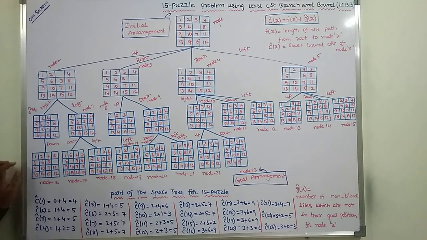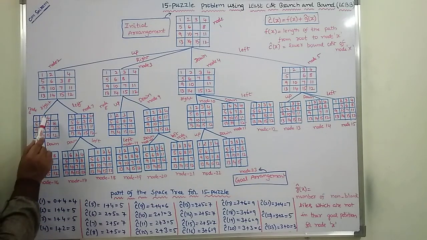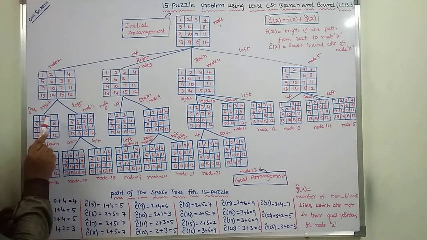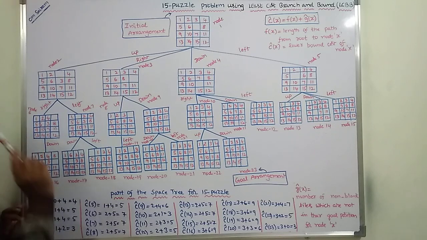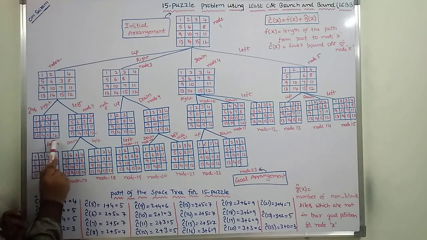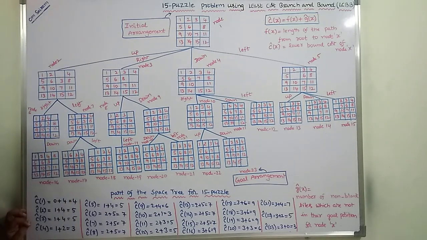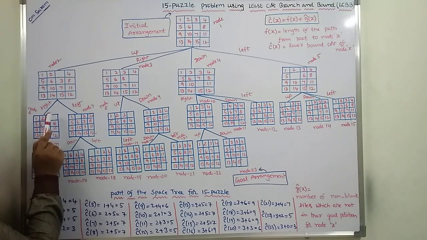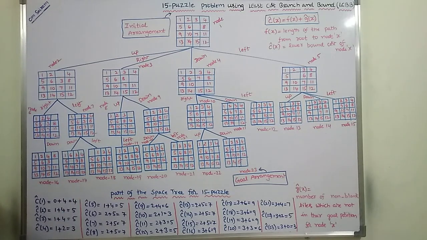Okay, next one. Now consider node 6. This is the empty tile. Empty tile cannot be moved to right direction because this is a 16 capacity square frame that ended at this position. So because of that reason, the empty tile cannot be moved to right direction.